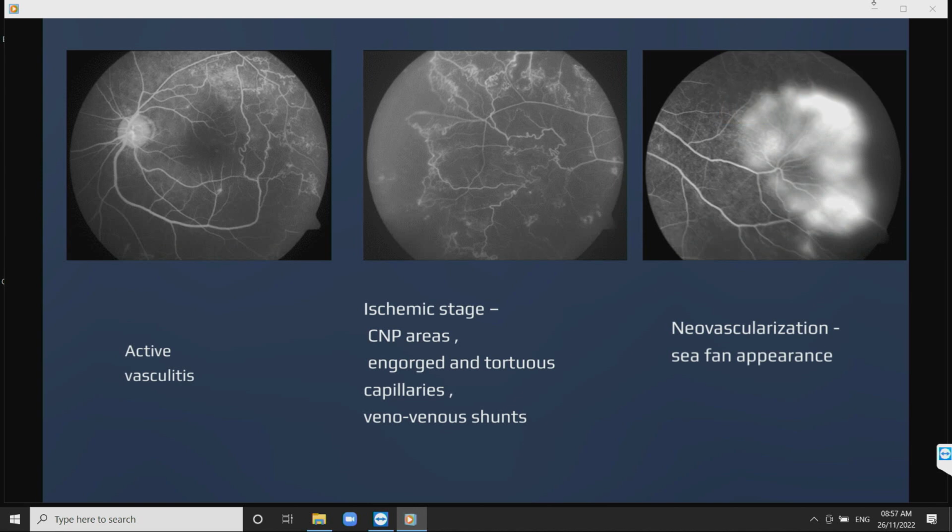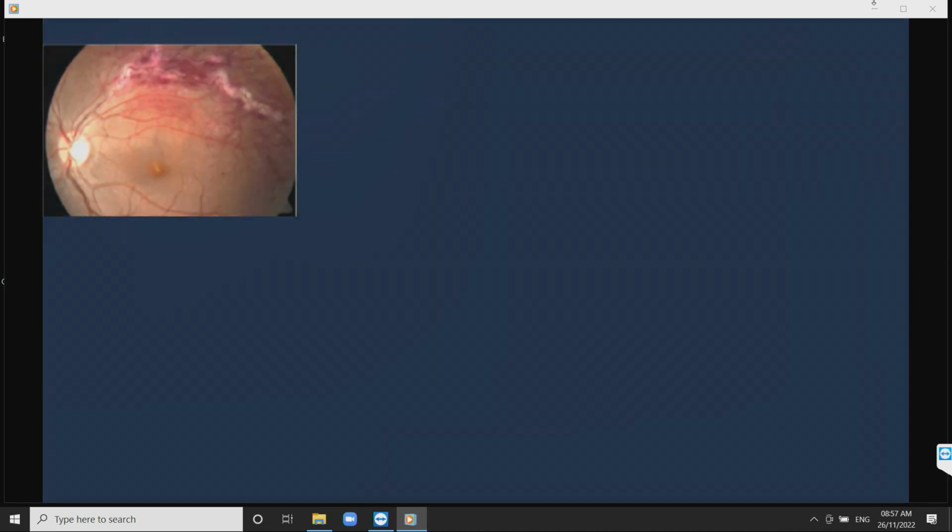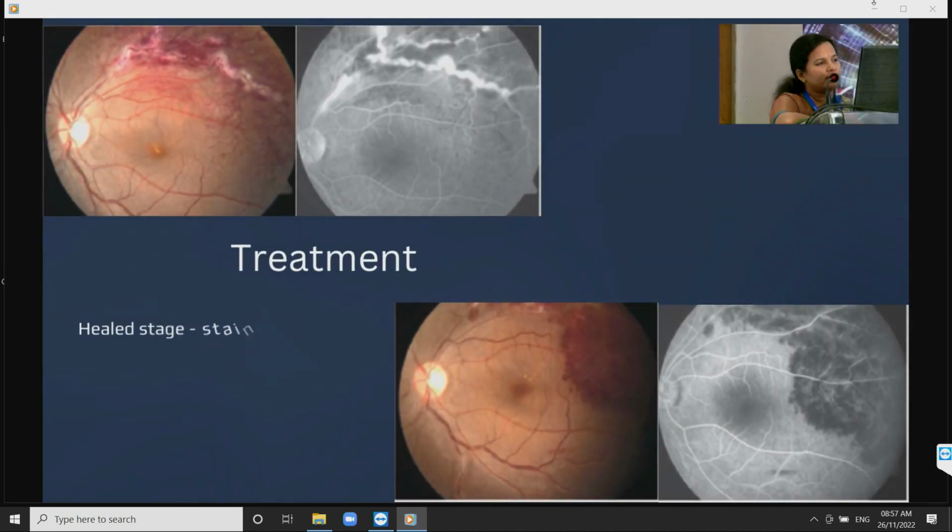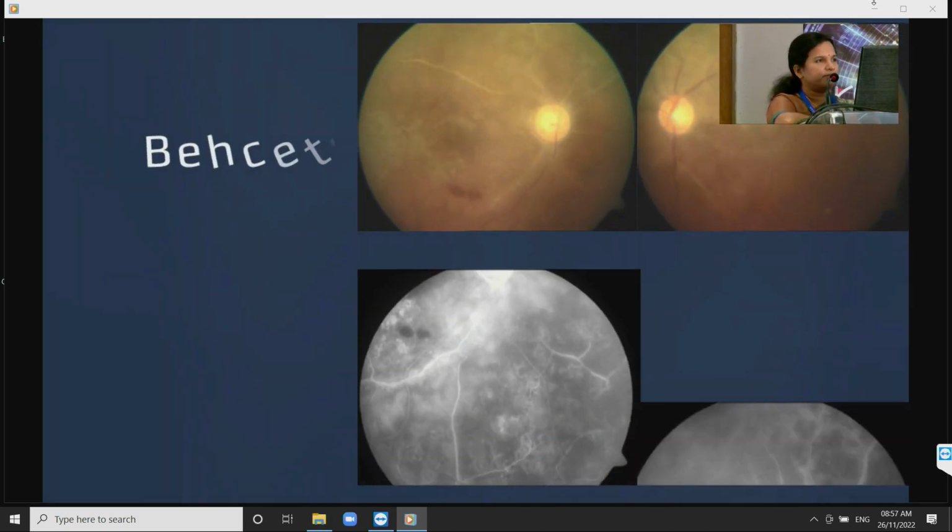FFA gives an idea about the stage of the disease. And after treatment, the active vasculitis becomes a healed lesion, and it stains without any extravasation. So it helps in following up a patient with treatment.